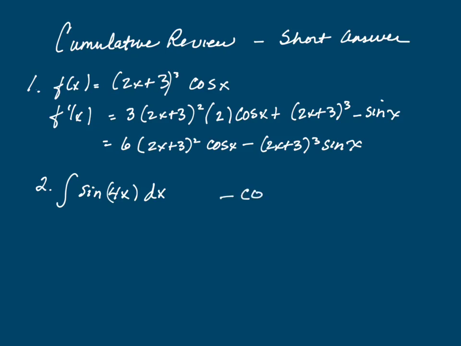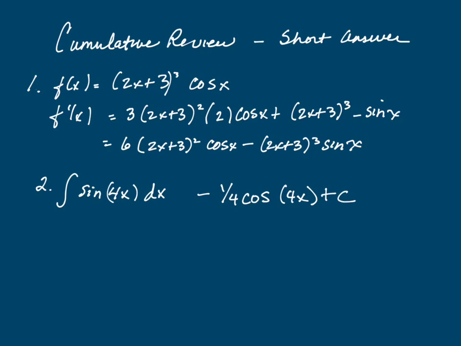Instead of doing u-substitution, I know that if I were taking the derivative, I would have 4 come out in front as the baby, so I have to have negative 1/4. So negative 1/4 cosine 4x, don't forget, plus c.